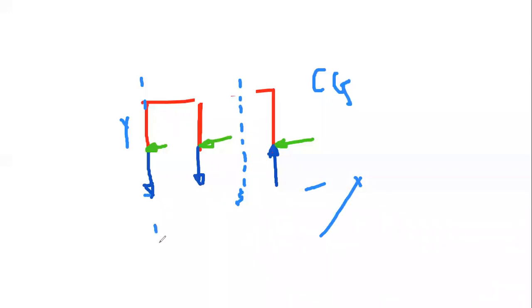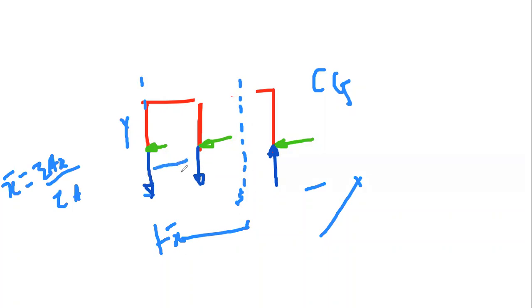We have to find out this x bar distance, and that formula we also know. x bar is summation of A x divided by summation of A. That we'll discuss in detail. Firstly we have to find out the centroid.